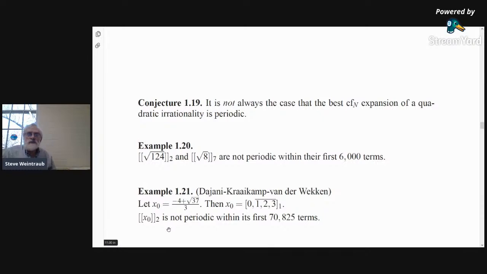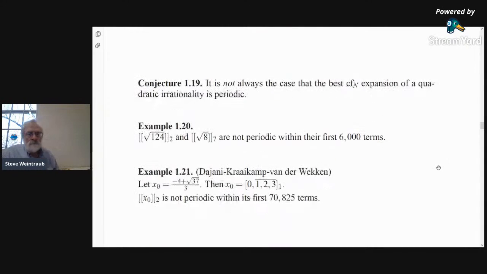And they did a much more difficult numerical calculation to show that the best CF2 expansion of this number is not periodic within its first 70,000 terms. So if you didn't think 6,000 terms was good evidence, 70,000 terms looks like pretty good evidence to me, and I hope to you too. So we believe this conjecture, but I must admit we have no idea how to prove it. Okay. All right.